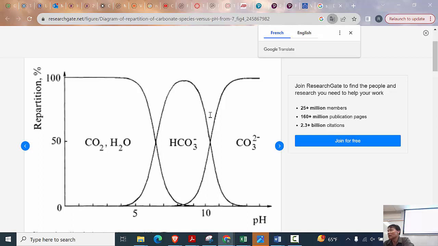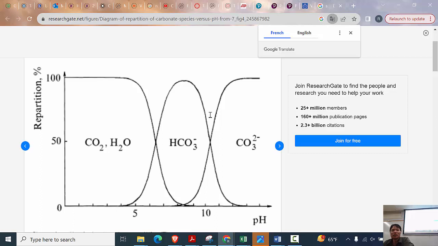As we start adding base, what's going to happen? The pH is going to rise, as we expect on a titration curve. Of course, the pH rises, and we can monitor that, but in this case, we're not going to monitor the pH versus the milliliters of titrant. In this case, we're going to take a look at the pH and then the species that are present.